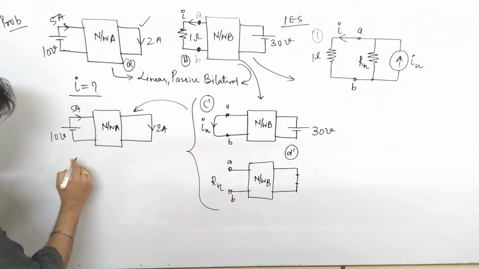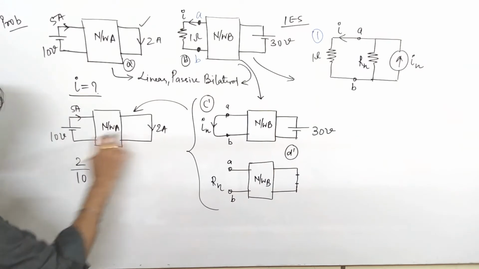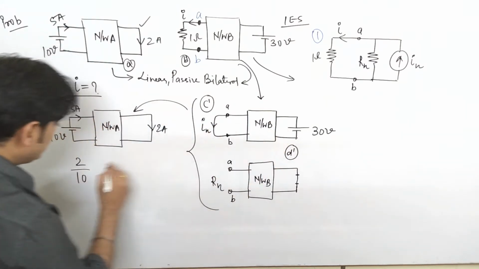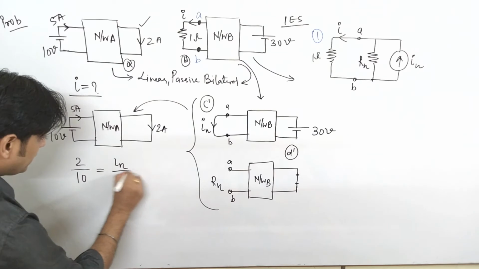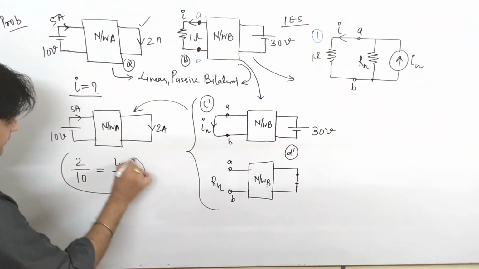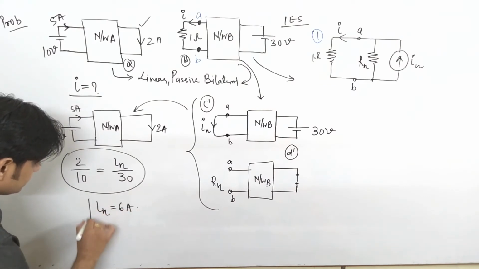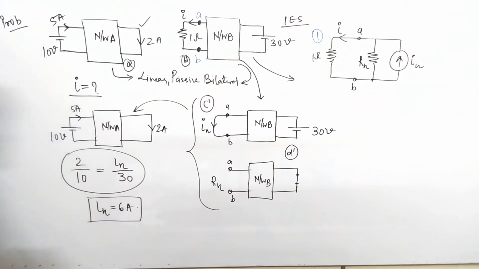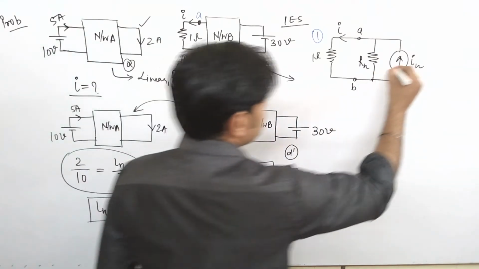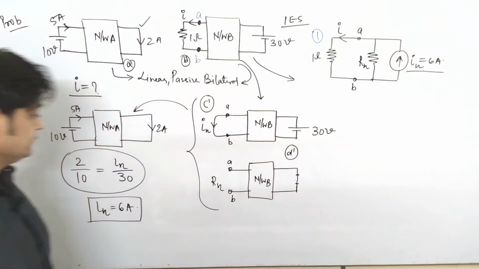So you can say that the ratio of 2 upon 10 is equal to the ratio of In upon 30, by the concept of reciprocity. So from here the value of In comes to be 6 ampere. Very simple.